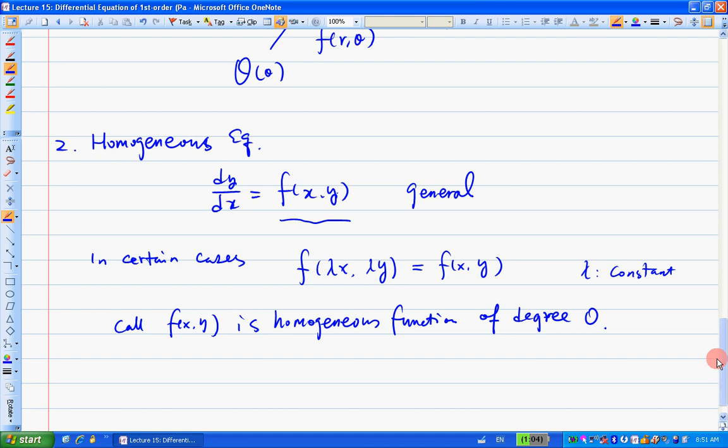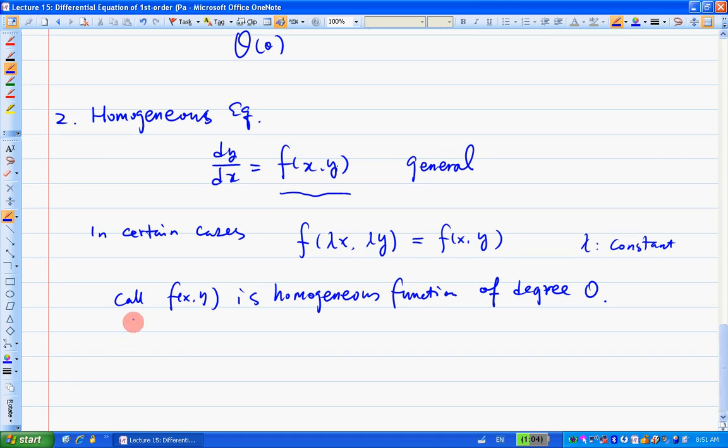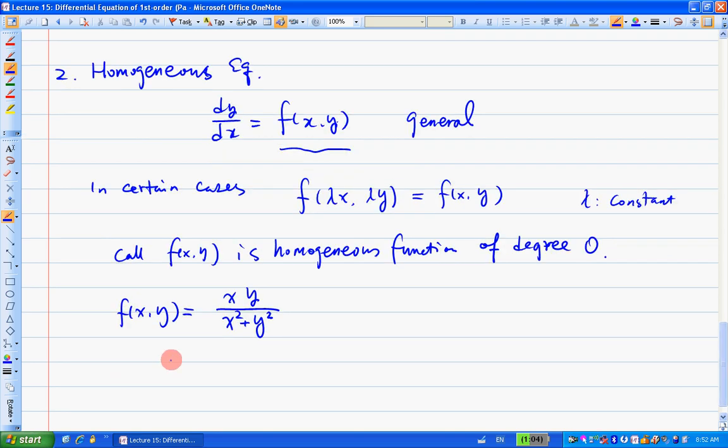For example, I might have a function f(x, y) equal to this. Is this function a homogeneous function of degree 0? Basically, if I replace x and y with lambda x and lambda y, do I get back to my original f(x, y)?